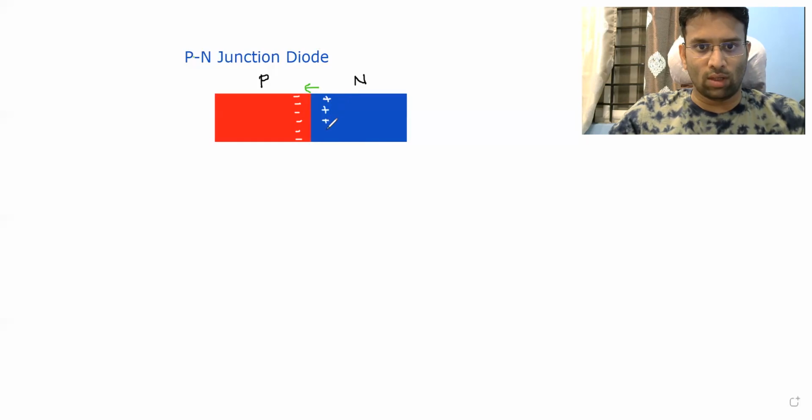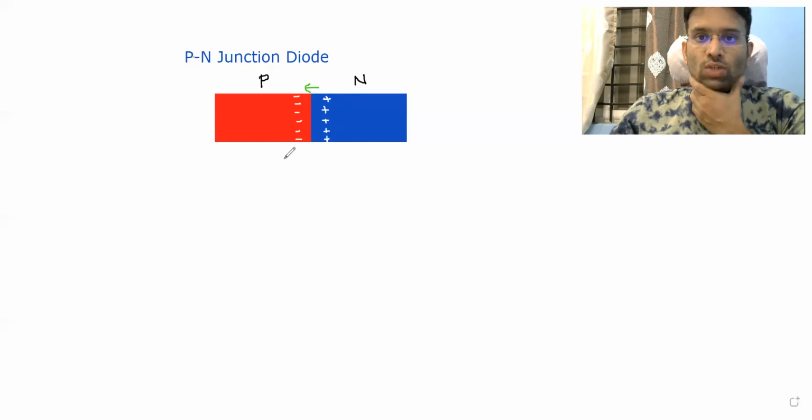And therefore, nearby the junction, you have a positive charge generated on the N side and a negative charge generated on the P side. This whole thing will result in an electric field directed from N to P side.